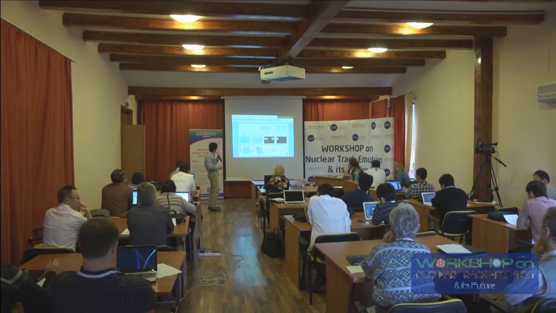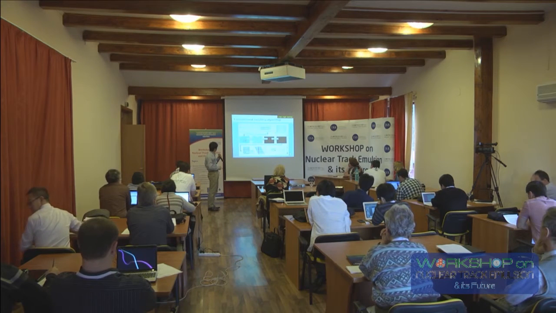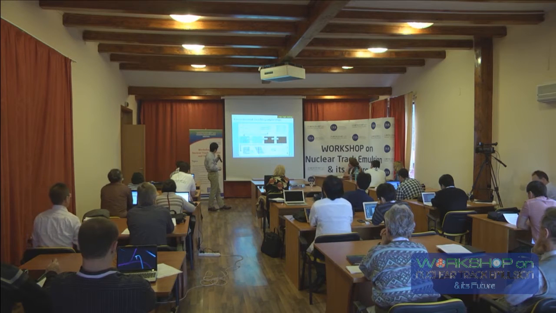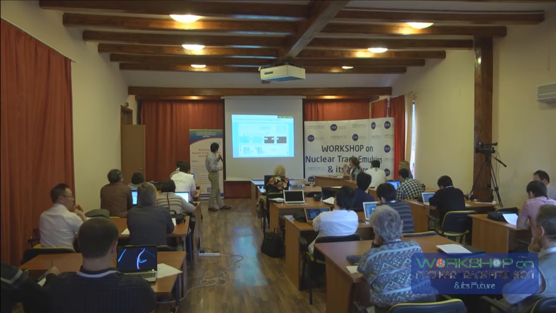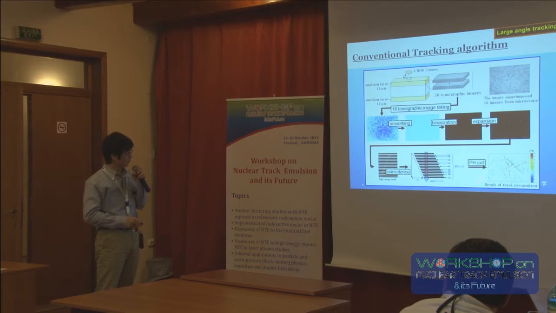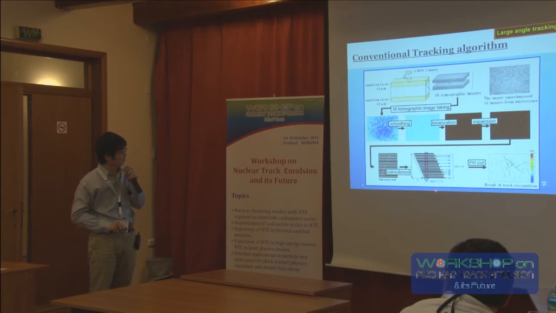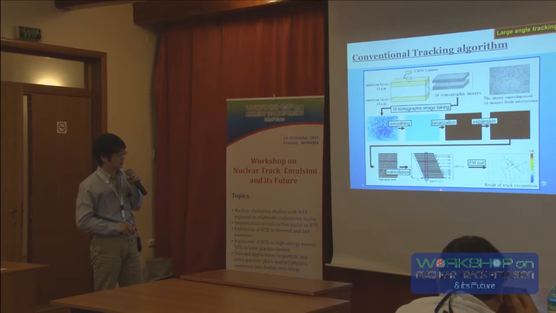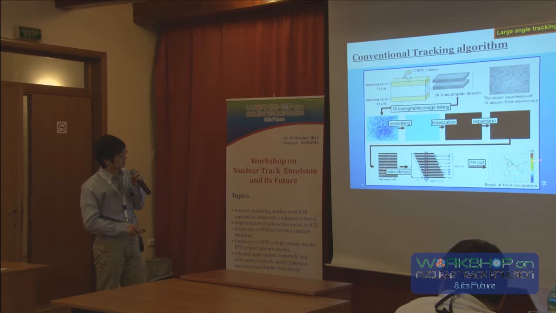After that, we make the coincidence of the 16 tomographic images. After that, we get the track coincidence, and in this case the number of hits is 10, so the pulse height is 10, and at the same time we get the angle information. Finally, we apply a threshold on pulse height, so we recognize the track. So this is the raw image, and this is the recognized track.